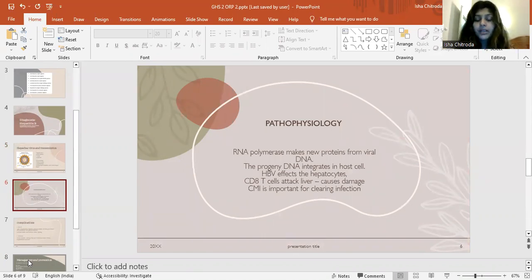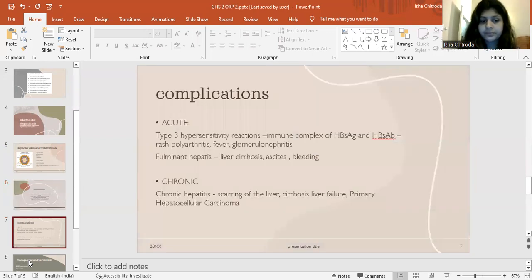So the hepatitis B virus affects the hepatocytes, and this is basically when the CD8 T cells attack the liver or the hepatocytes, which causes the damage of the liver. So you basically need a cell-mediated immune response, and it's very important for clearing the infection.